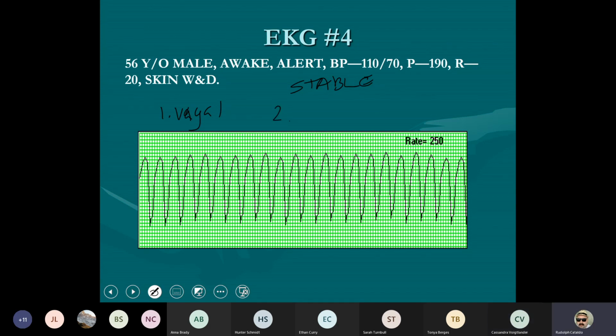Second line of treatment. Vagal maneuvers fail. Now what? So we'd have to give meds, but I'm not sure what med. This one will trip people up a little bit. Does anybody know what my first med that I have to consider is? Amiodarone.